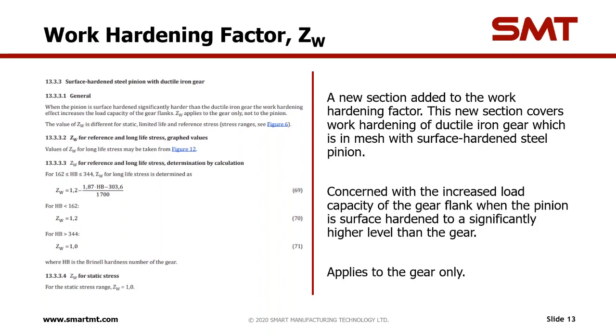This new section covers the ductile iron gear, which is in mesh with a surface hardened steel. We currently do not have an example for this, but if you are interested in an example, we would be happy to pass literature to you. So please let us know.